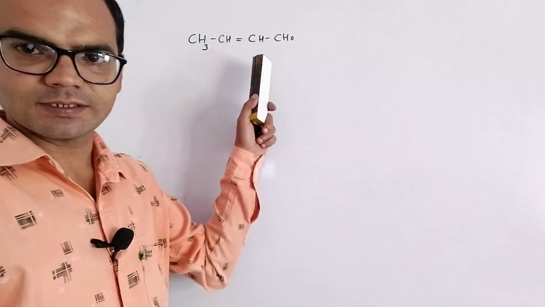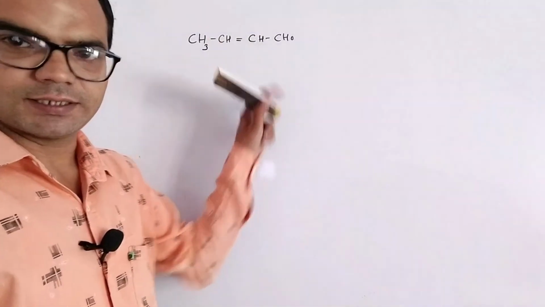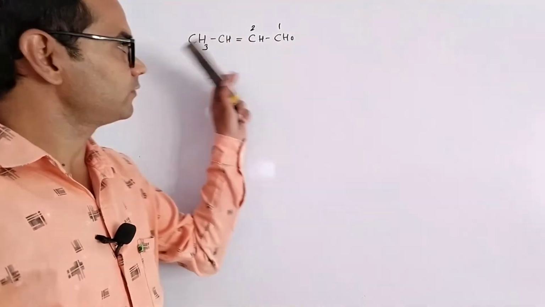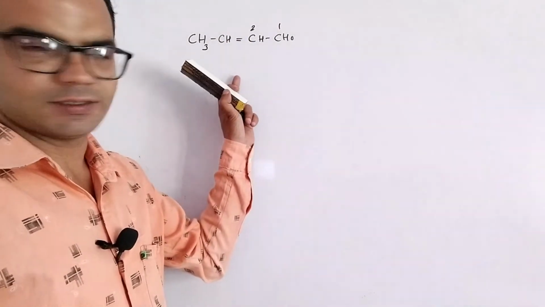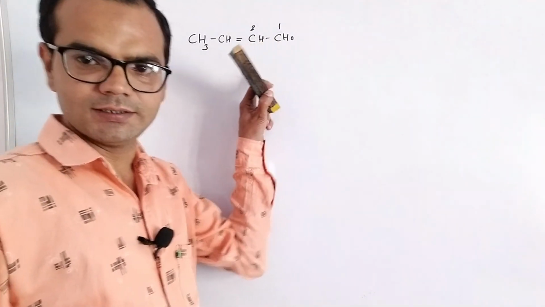We have 4 carbons, and for 4 carbons we have one double bond at the second position. So the prefix of 4 carbons plus 1 double bond at the second position is croton, and the suffix is aldehyde. So this is crotonaldehyde.